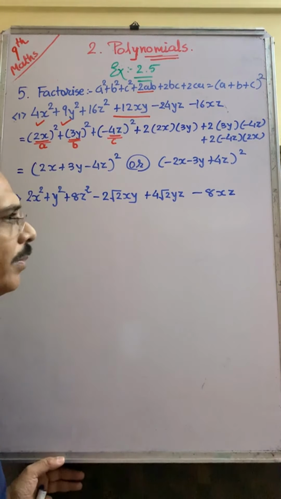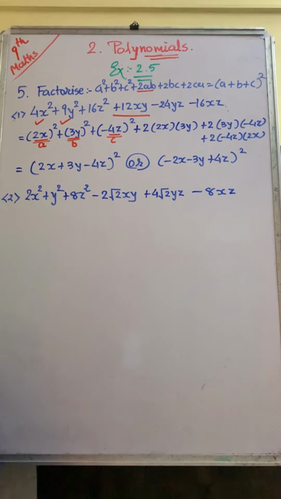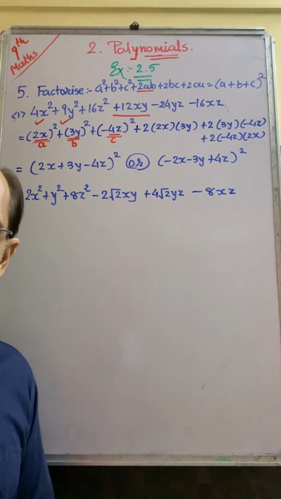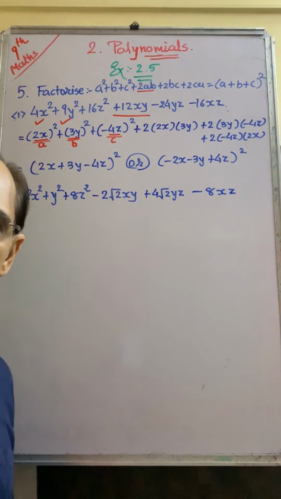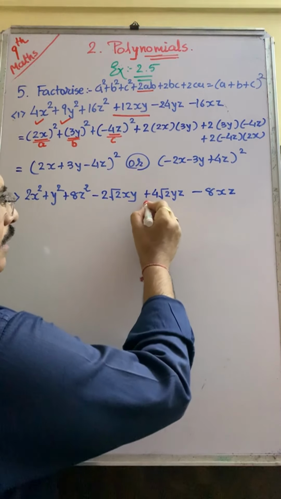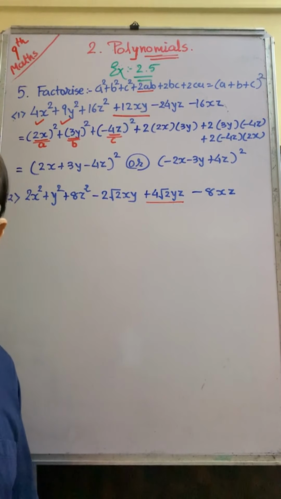As I told you in the previous sum, the first 3 are always positive because they are squares. Now focus on the last 3 terms and find out which one is positive. Okay, so which one is positive out of the last 3? This term is positive. What is the position of this term according to our formula?